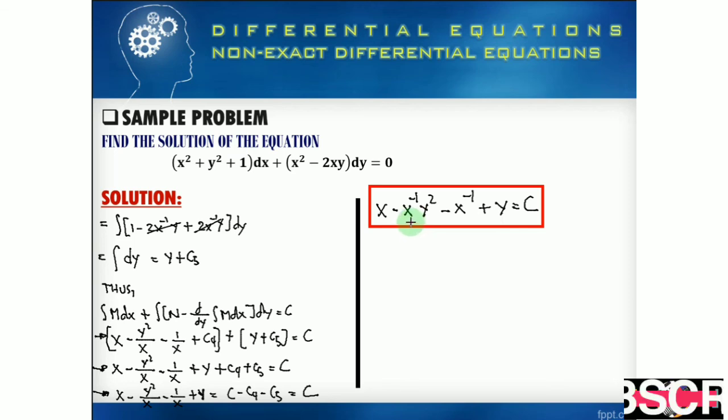In my next lecture video, I will give you the indirect solution, arriving at the same answer of x minus x raised to the negative 1 times y squared minus x raised to the negative 1 plus y is equal to c. I'll give you that indirect solution in my next lecture video.